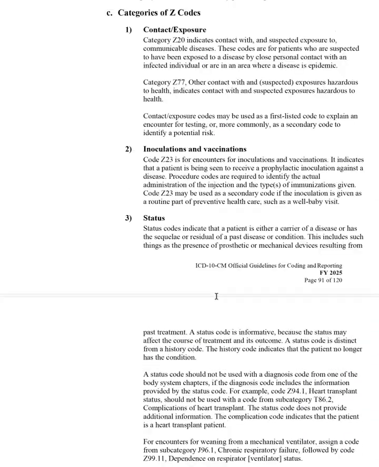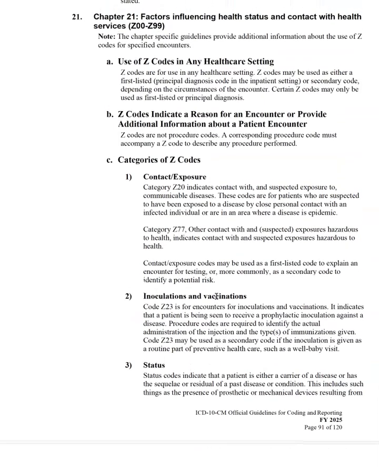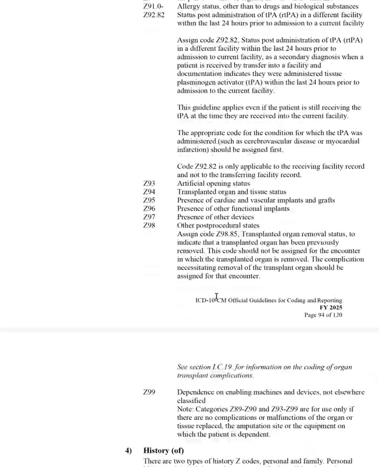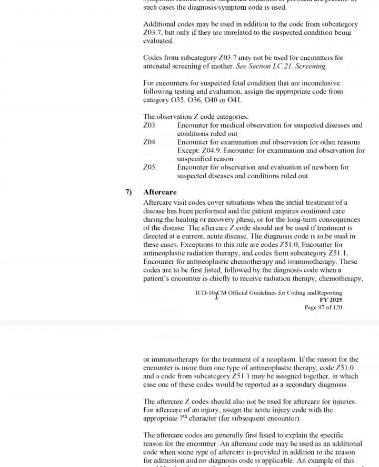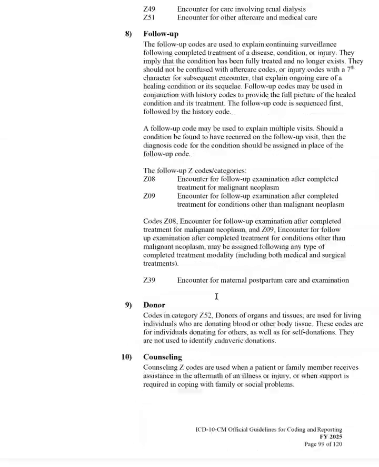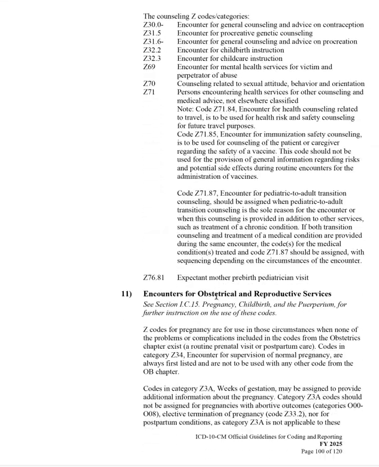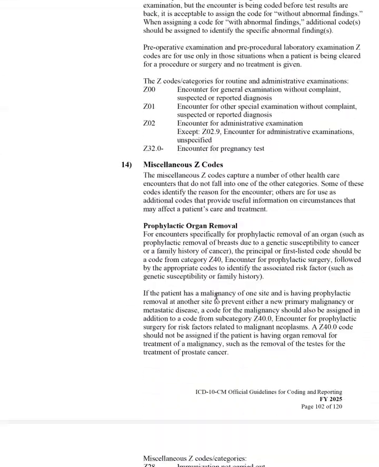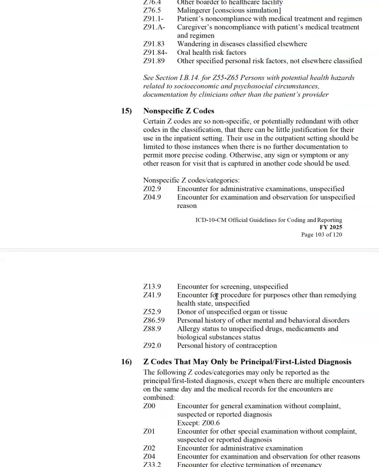In the guidelines somewhere, and I'll tell you, as you code more, you'll know there's a guideline, but you may not know exactly where it's at. There is a list of Z codes that are to be listed as principal or first listed only.